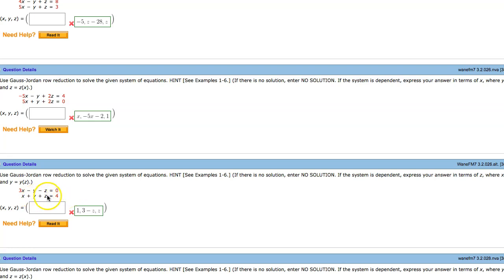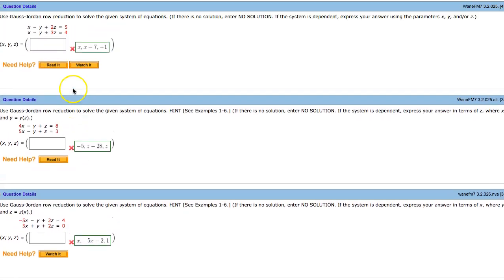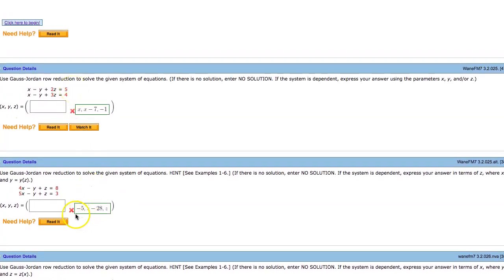Okay, so y plus z equals 3. But then you want to solve for y in terms of z. So y equals 3 minus z, and z is just z himself. And then likewise for the others, that's how you do a lot of the dependence.